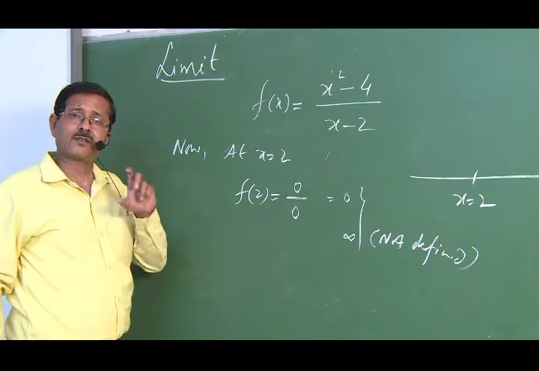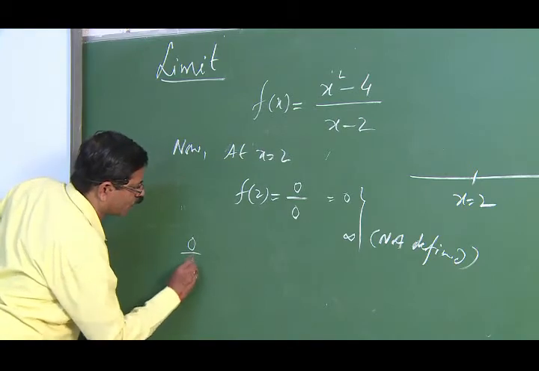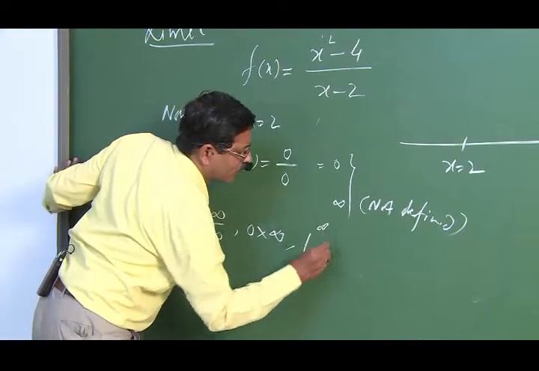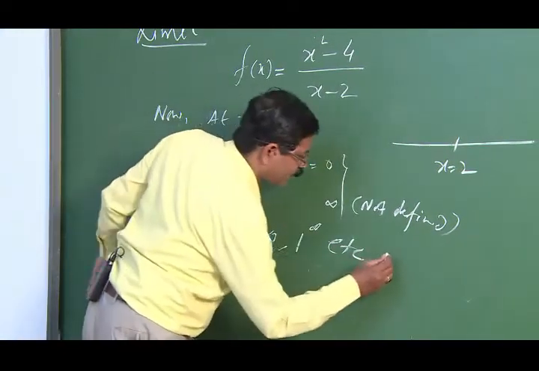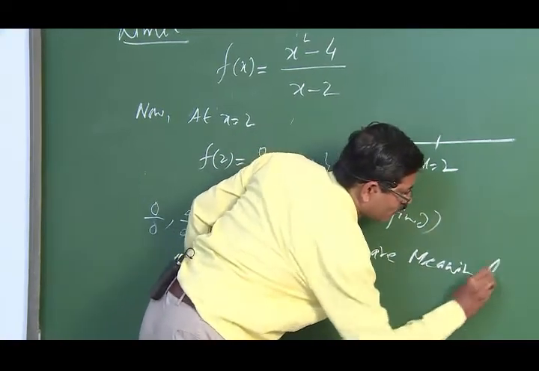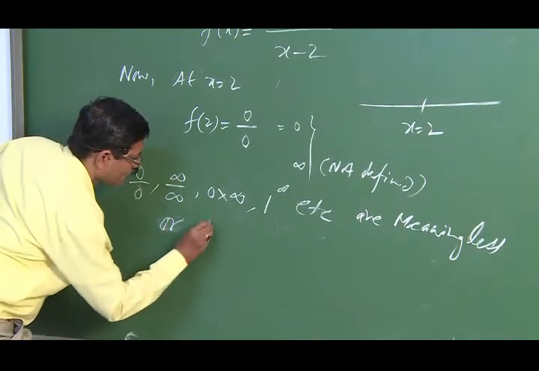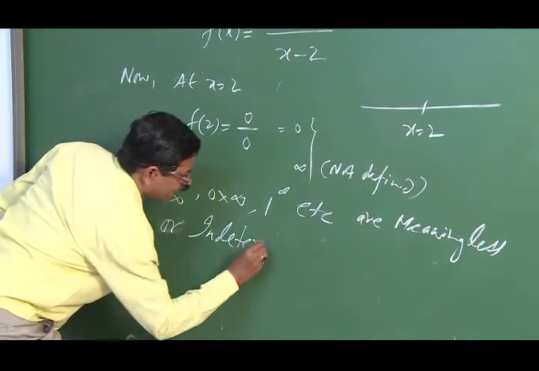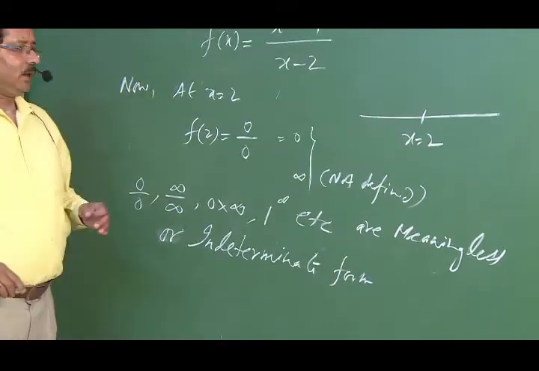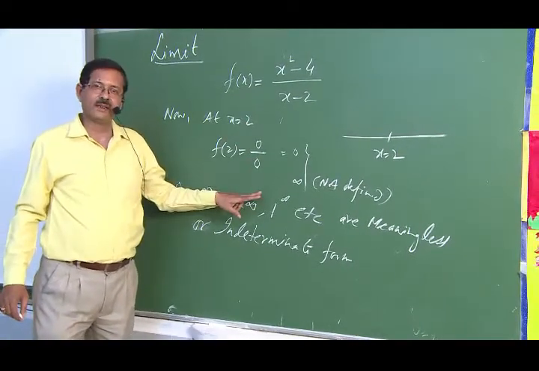Now in calculus there are many meaningless or indeterminate forms, like 0 by 0, infinity by infinity, 0 into infinity, 1 raised to infinity, etc. These are all meaningless or indeterminate forms.